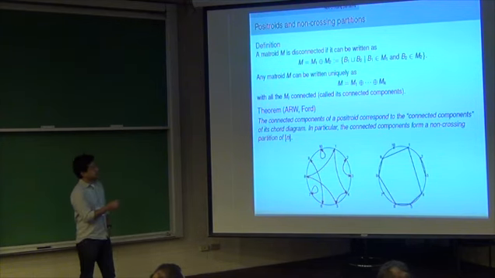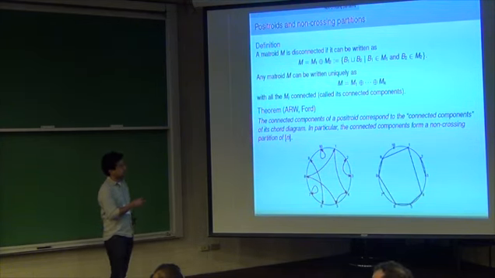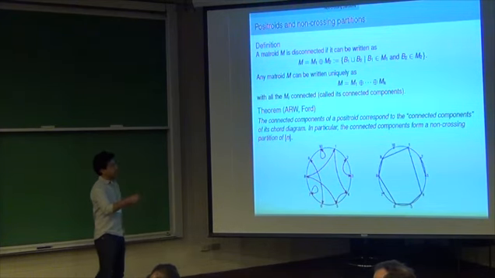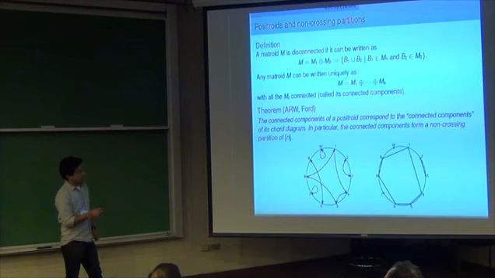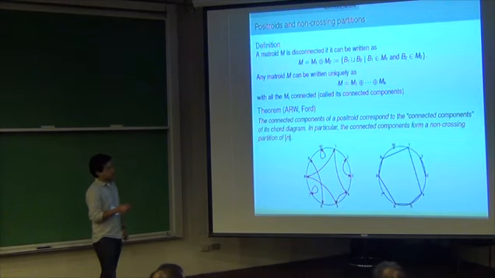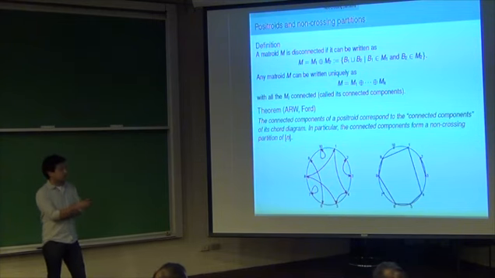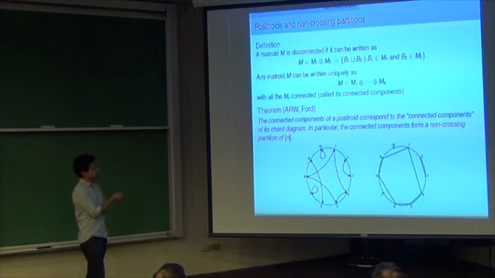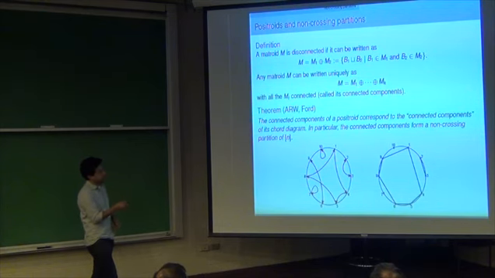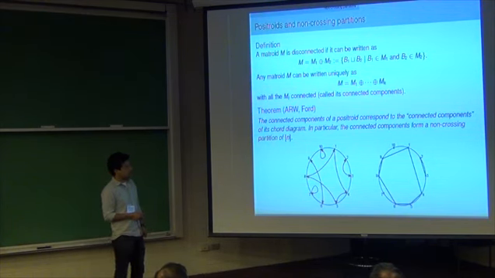If your matroid is disconnected, then you can split it into a sum like this, and if those two are not connected, then you can keep splitting until you can't go further. So in that case, you get an expression of M as a sum of connected matroids, and it turns out that that expression is unique. So if you write your matroid as a direct sum of connected matroids, those are unique, and those are called the connected components of your matroid.